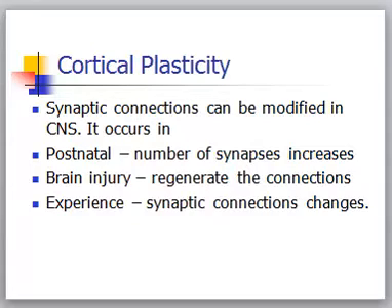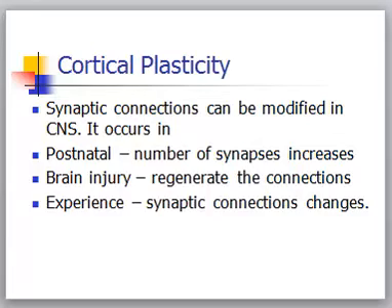Now we have to know in what situation and by what mechanism the neurons modify, and when and where. Synaptic connections can be modified in the CNS. It occurs in three areas: postnatal, brain injuries and experience.